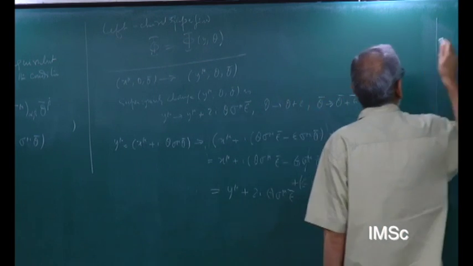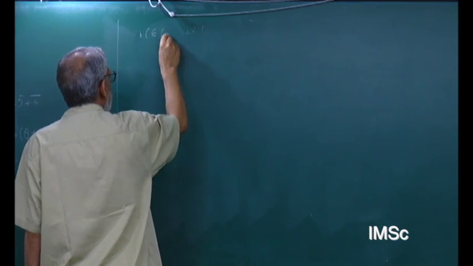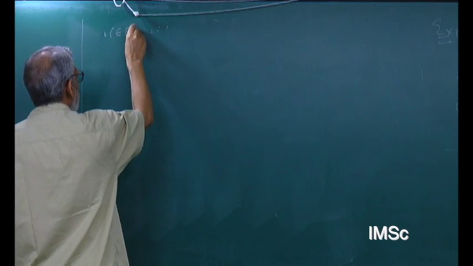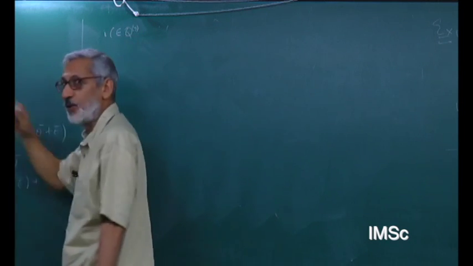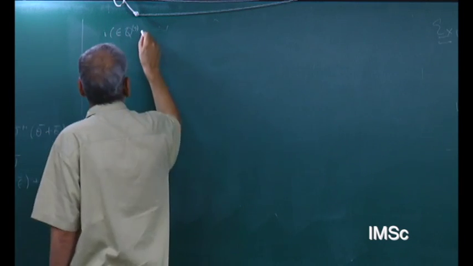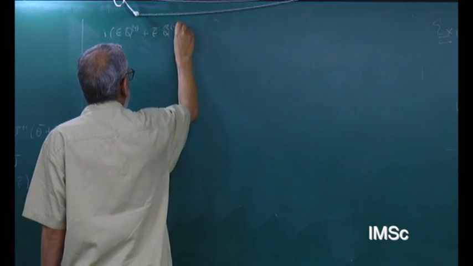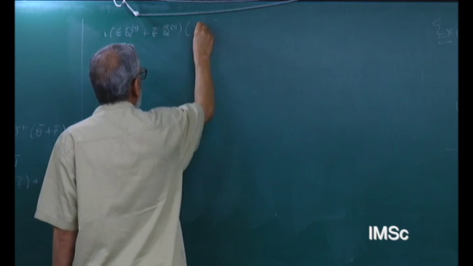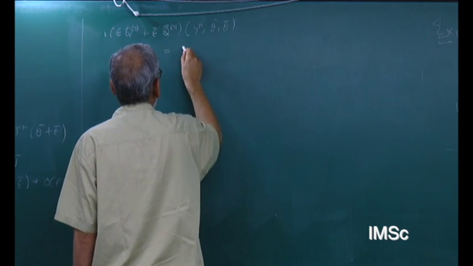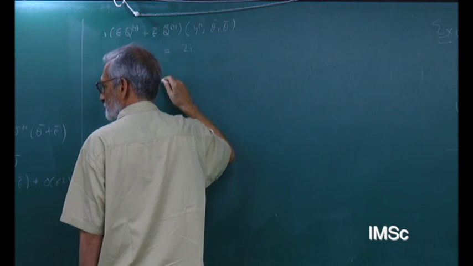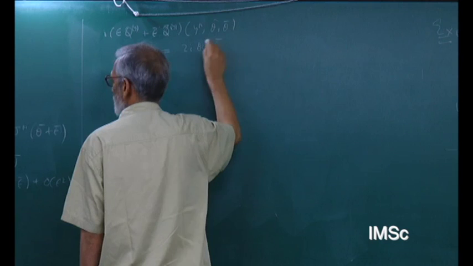That is, a supercharge would act as epsilon Q bar Q, let me call it Y now, just to indicate that we are in the new basis, plus epsilon bar Q bar Y, acting on y mu, theta and theta bar should be twice i theta sigma mu epsilon bar.